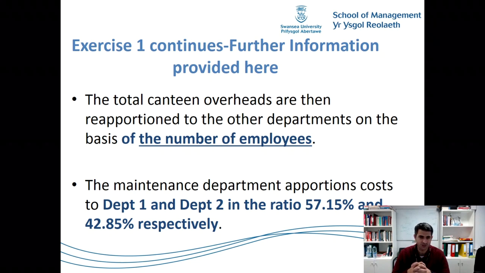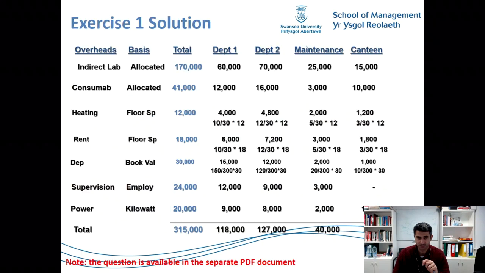So what it's trying to tell you here is that the total canteen, which is the £30,000, we need to reapportion across the other departments. When the question says the other departments, that's including Department 1, Department 2, and the maintenance. So £30,000 we need to redistribute across the 3 departments.